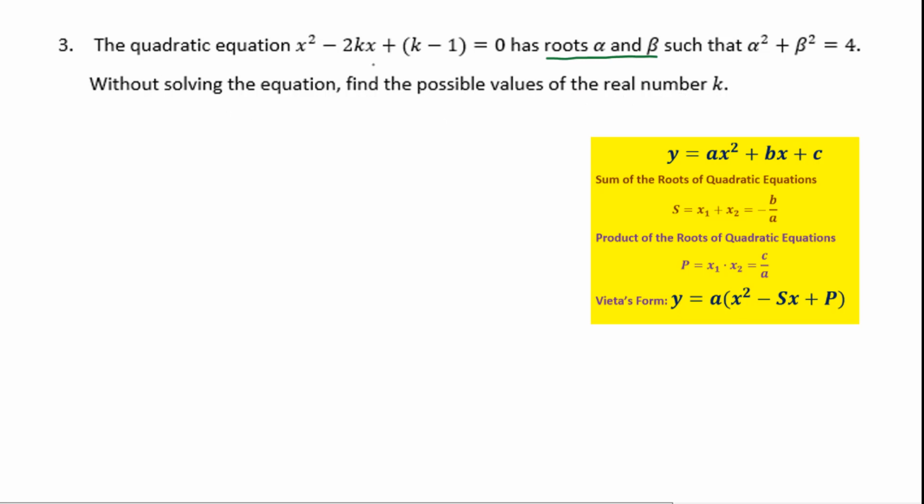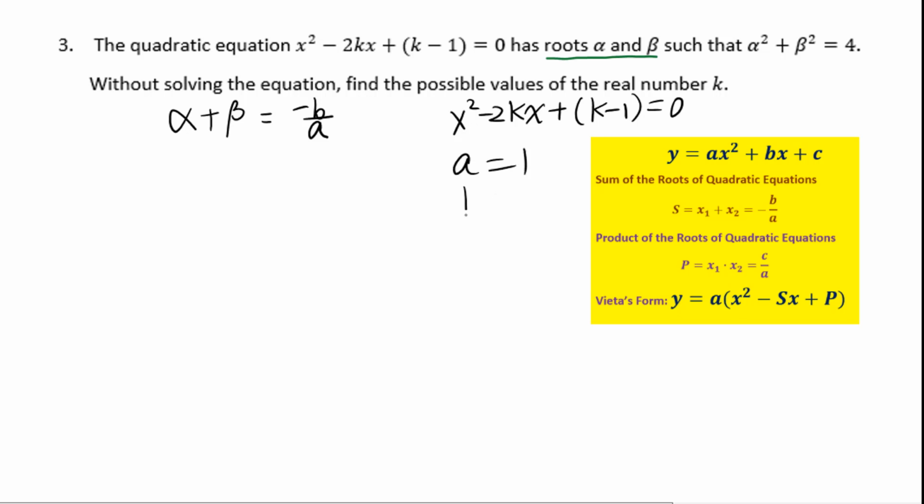For this quadratic function, the sum of the roots equals negative b over a. For this x squared minus 2kx plus k minus 1 equals 0, we know a equals 1, b equals negative 2k, c equals k minus 1.